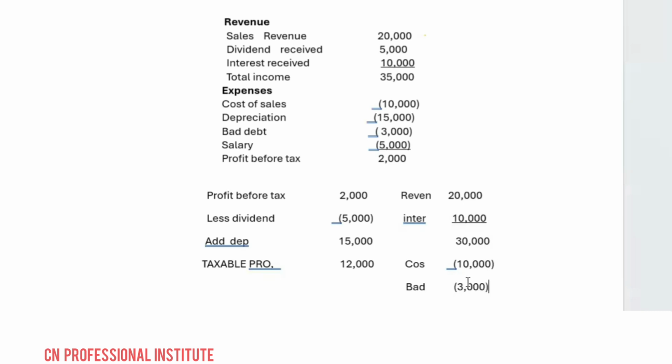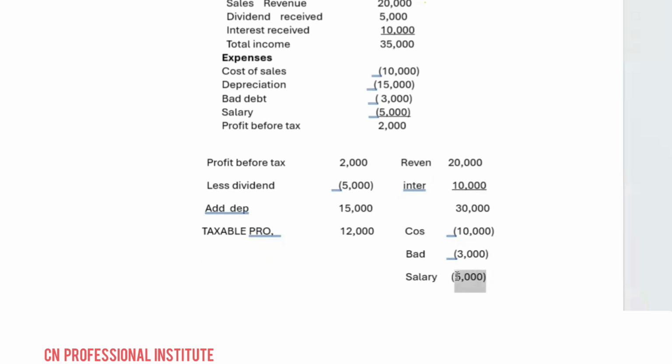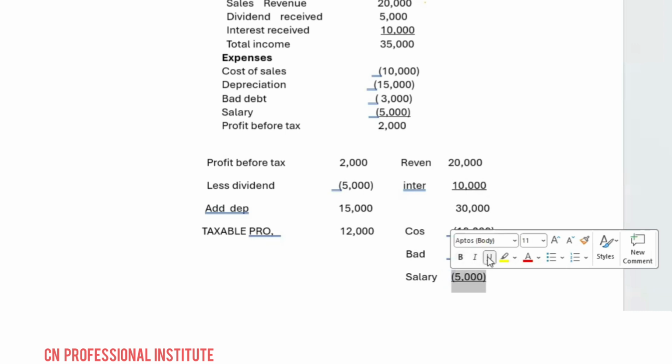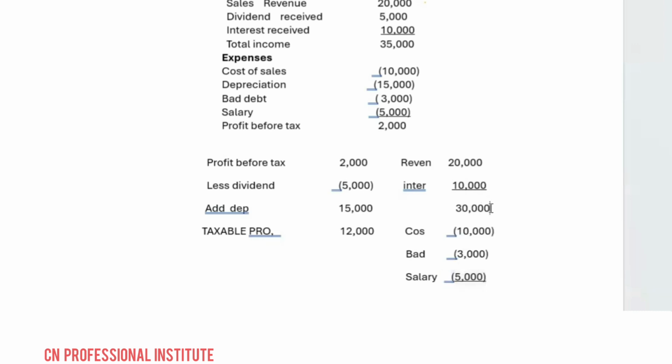Then we have salary. With the salary, we have 5,000. So you see, when you check all these out, we have 30,000 minus the 10,000 minus 3 minus 5, right?